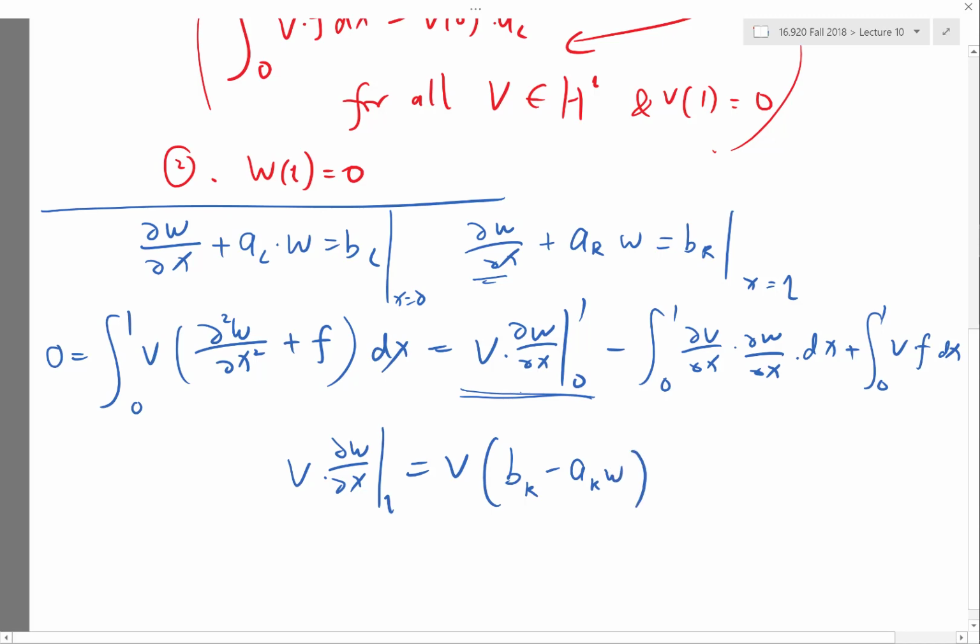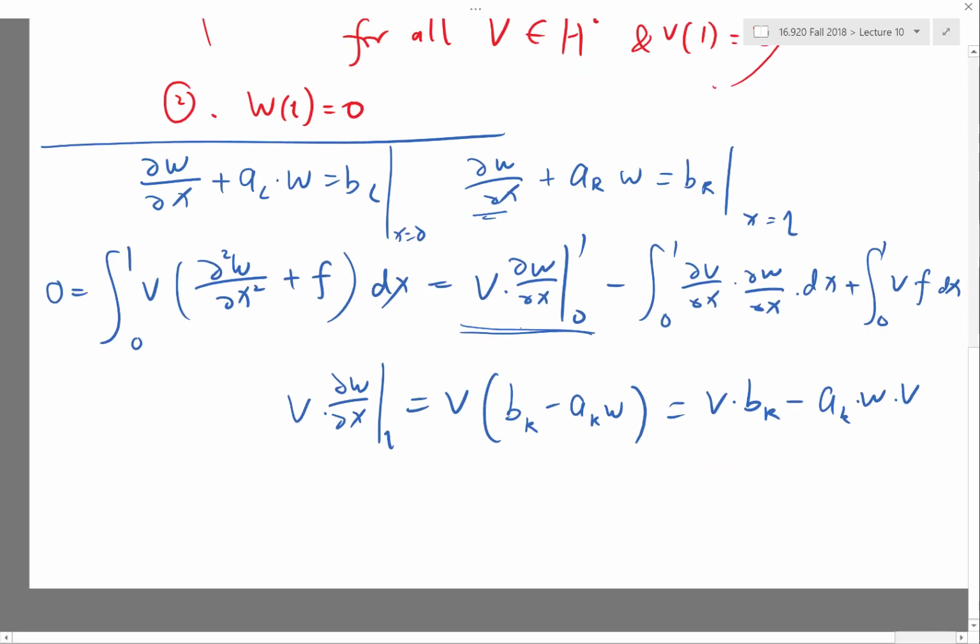One term, the first term, v times BR, is not dependent on w, so it can go into the linear form. The other term is AR times w and times v. That's perfectly symmetric, so that actually makes it perfect. One of these terms can go into the bilinear form, and the other term goes into the linear form.